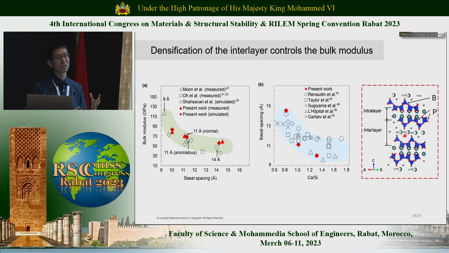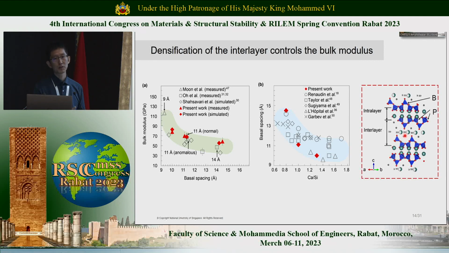It changes as you change the relative humidity of the environment. So the conclusion of this work is that the mechanical property of CSH is mostly dominated by the interlayer spacing of the CSH, which can change with different relative humidity.